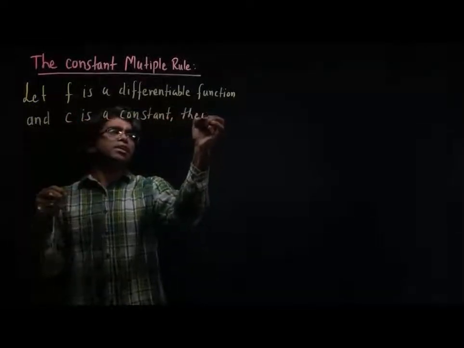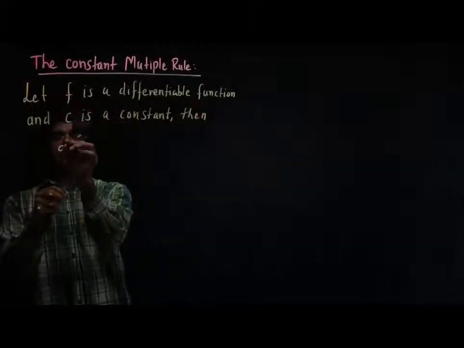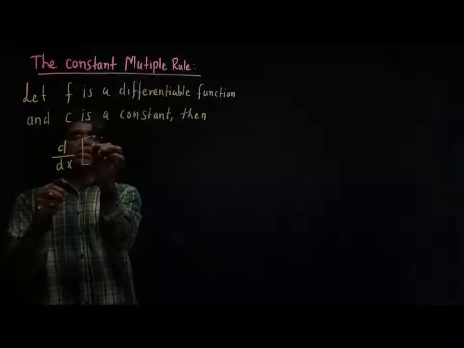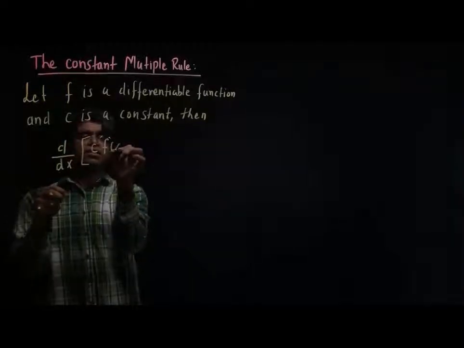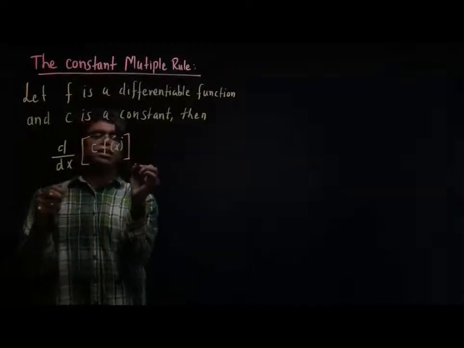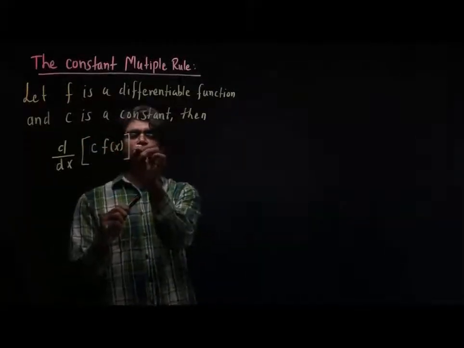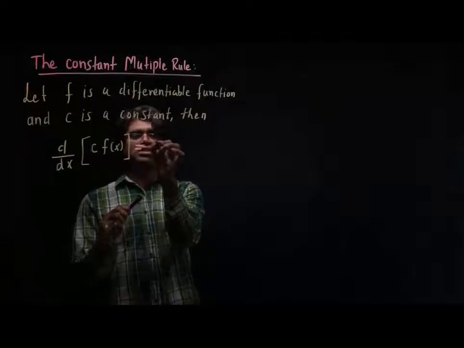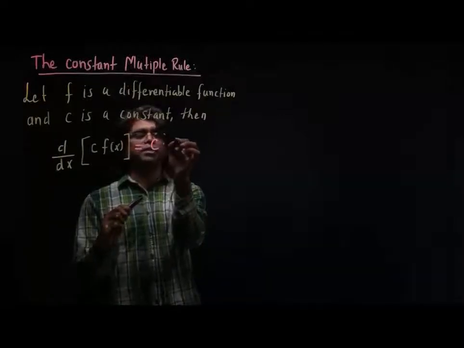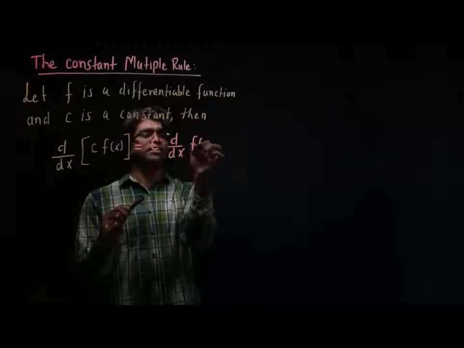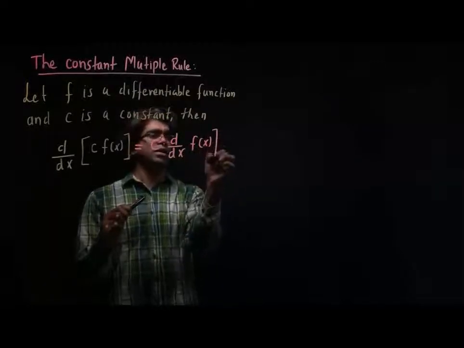Then dy dx of c times f(x) is equal to, I'm going to take the constant out, so I will write c times dy dx of f(x), right?